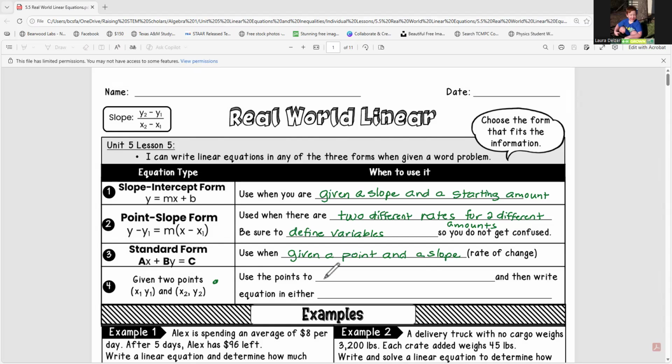We can use those points to calculate slope. And so, I gave you the slope formula up here, and then you can write the equation either in slope-intercept or point slope.